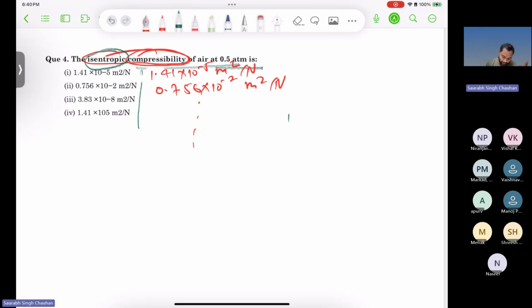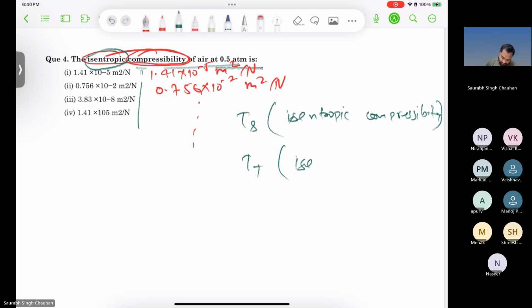So if there is isentropic compressibility, what is the other compressibility? Isothermal. And both of these have been discussed in detail in the lecture.